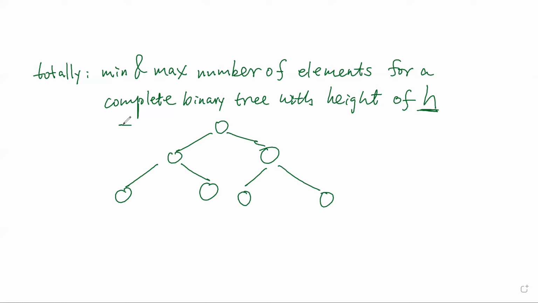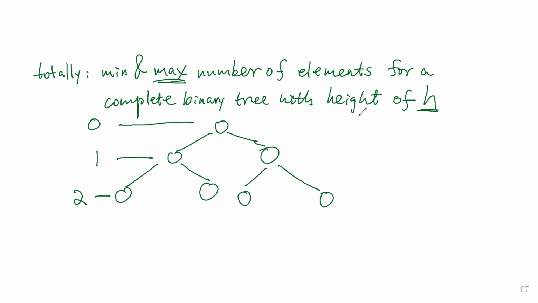And we know this is level 0, this is level 1, this is level 2. And the height of this tree is 2, and you have 3 levels. So what's going to be the maximum number?